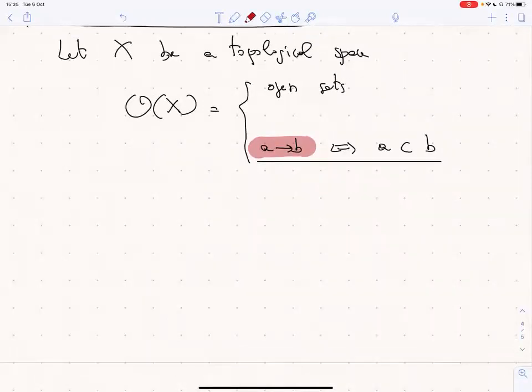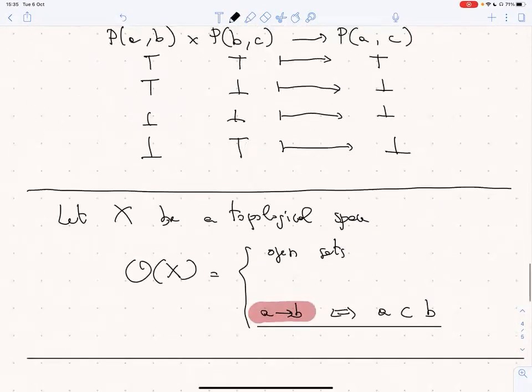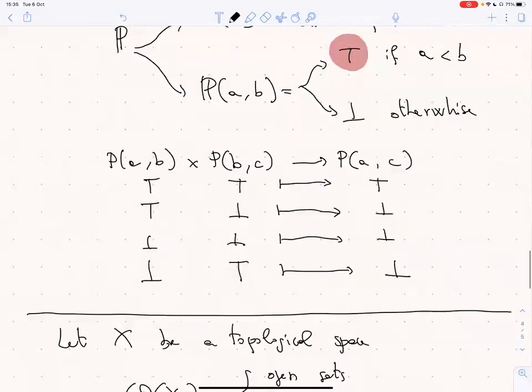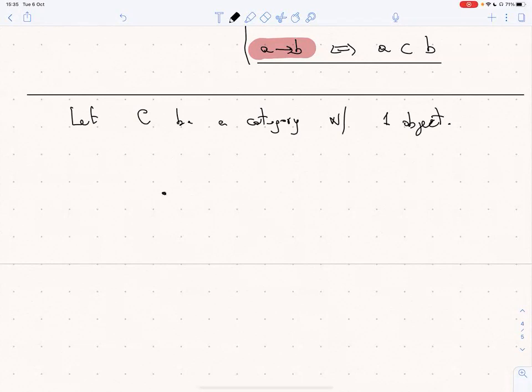Okay, another example which is very important and which falls into this kind of pattern: let C be a category with one object. Aha, but this looks like a very strange guy to us, doesn't it? So we have this object here, little c.